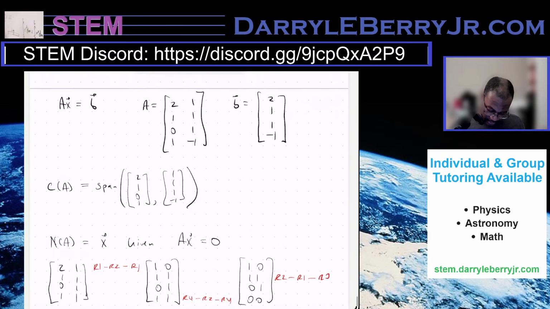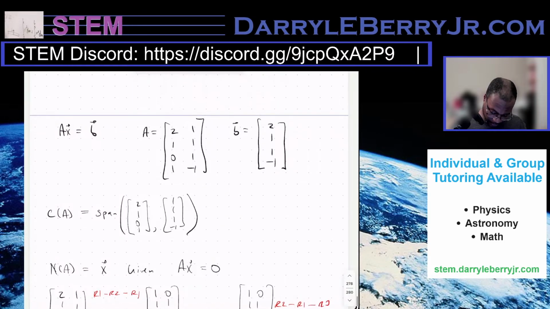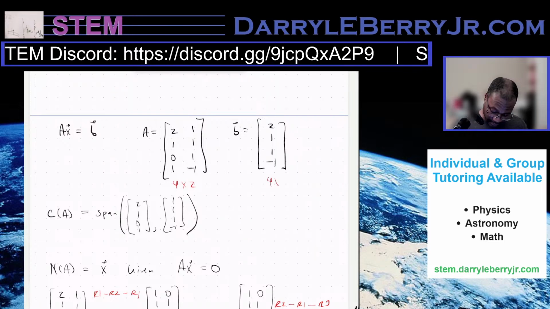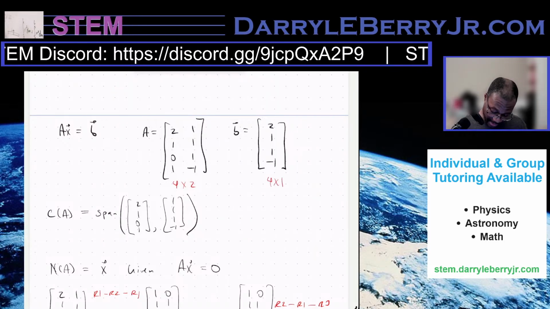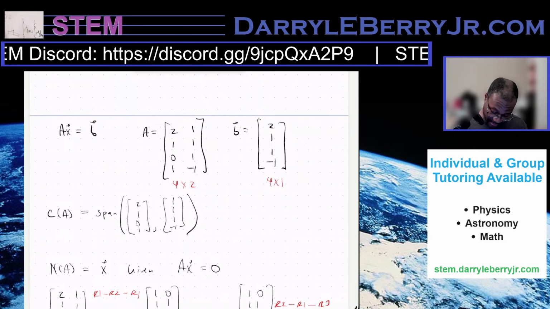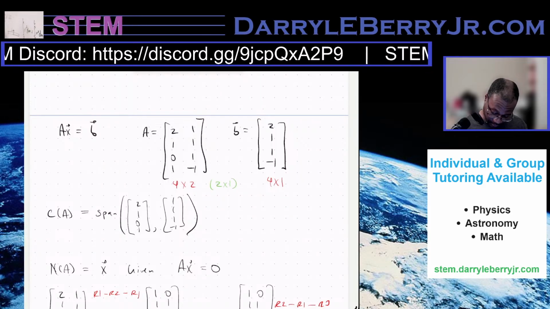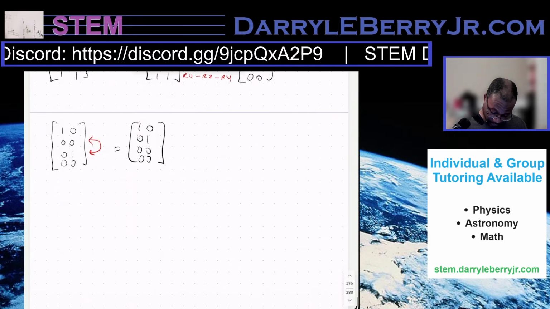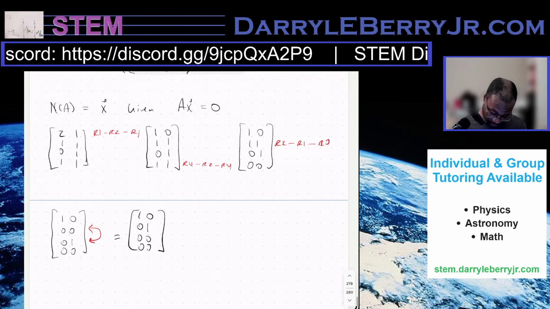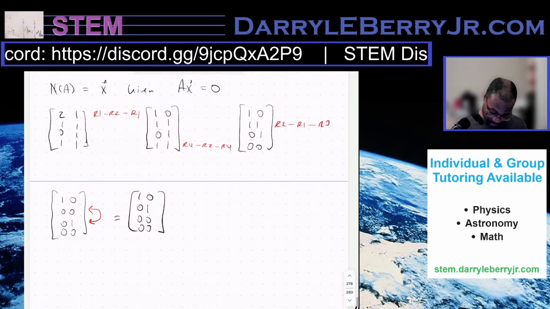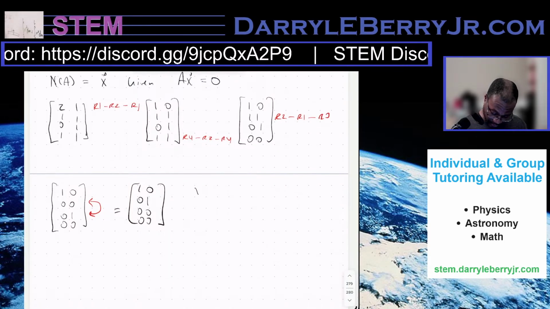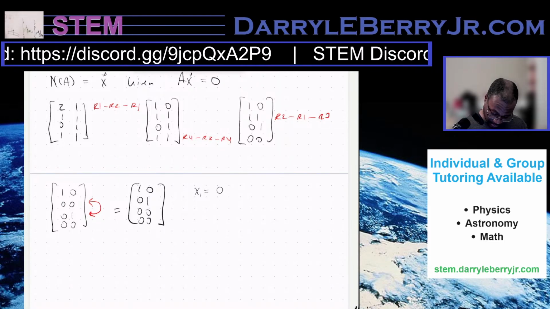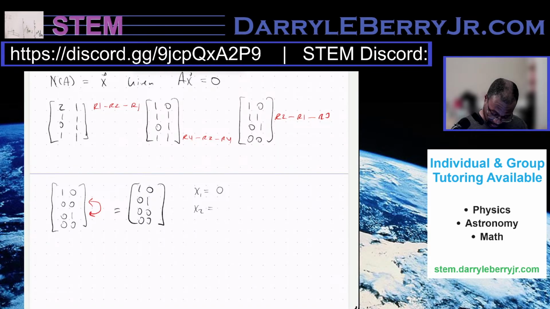And these are 4 by 2 and 4 by 1. So that means that x has to be 2 by 1. And there we have it. We have x1 equals 0 and x2 equals 0.